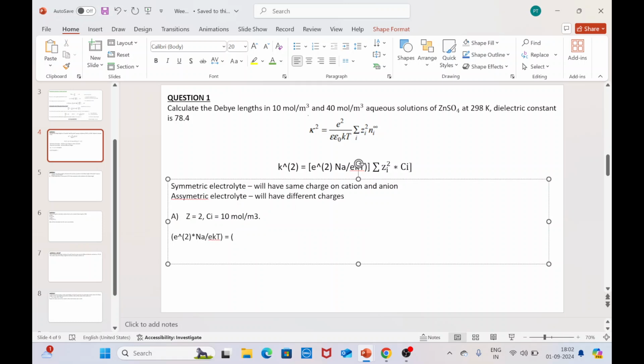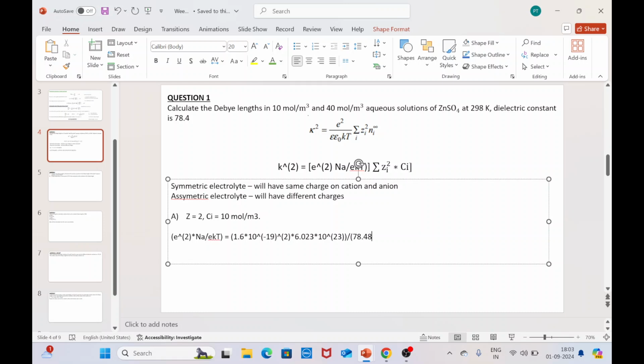The charge on one electron is 1.6 times 10 to the power minus 19, the whole square, times Avogadro number, 6.023 times 10 to the power 23, by your epsilon value, 78.4.